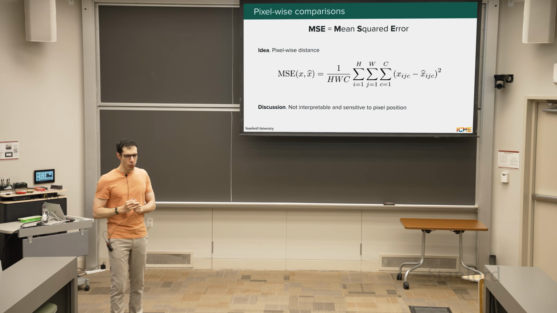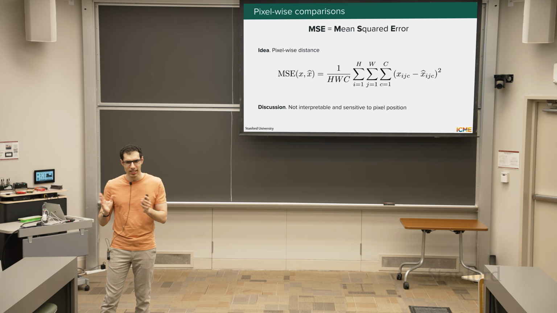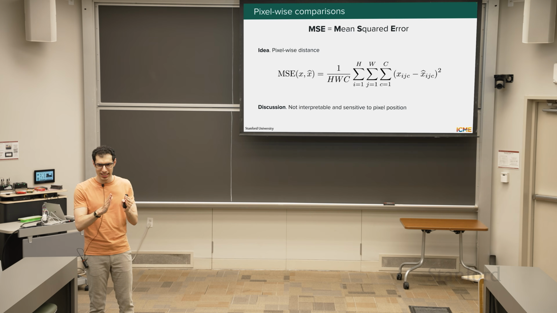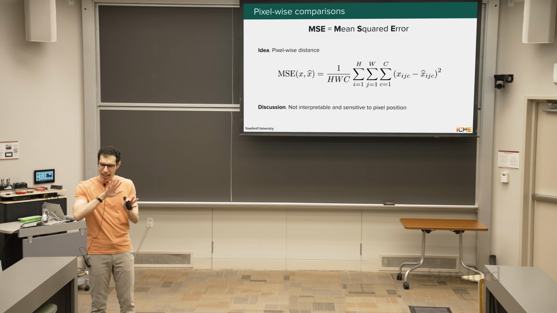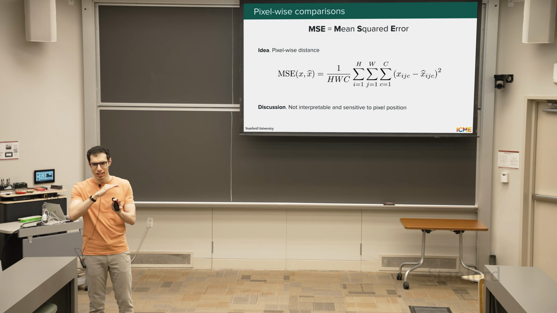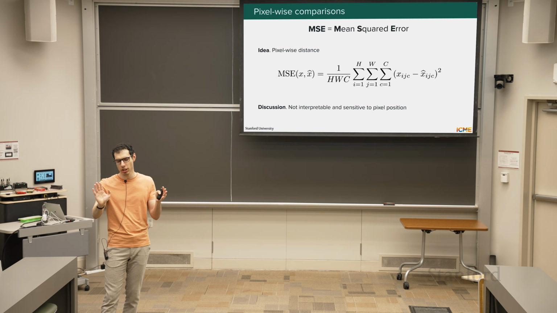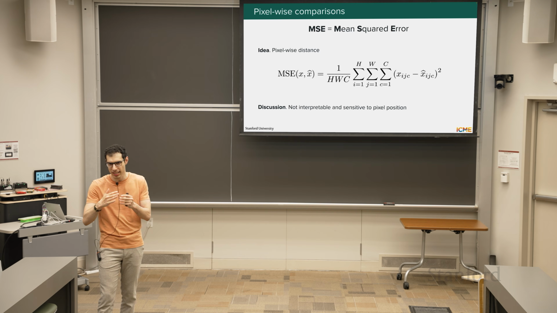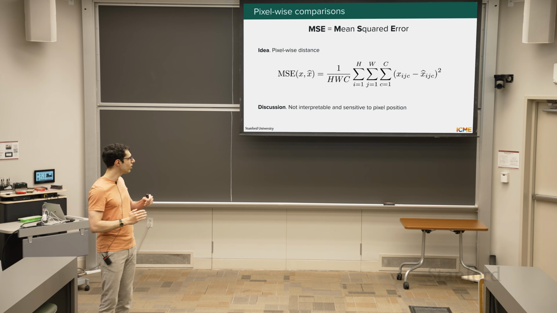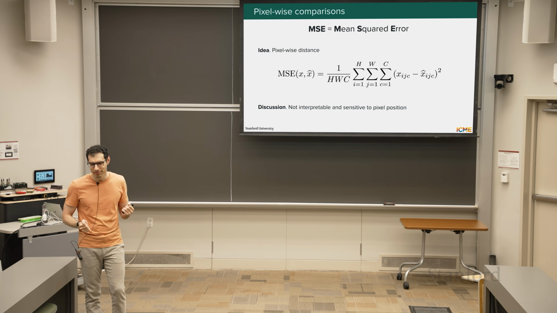One big drawback is that it is very sensitive to the exact alignment between these two images. So if you have generated a perfect reconstruction, but it is slightly shifted a few pixels, let's say, to the right, then your MSE will actually be terrible.